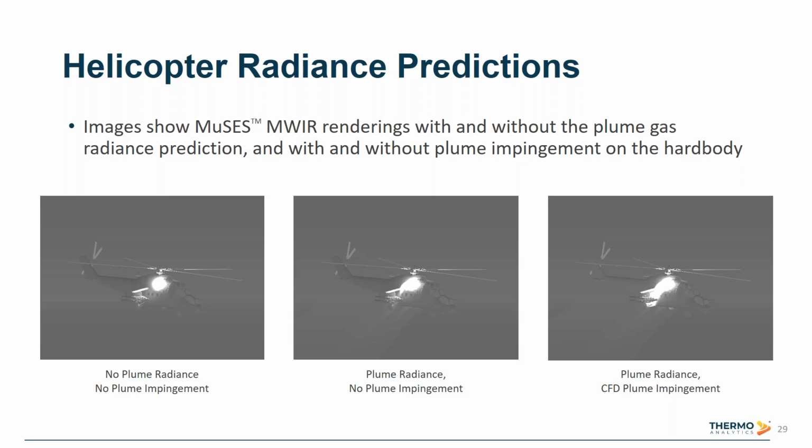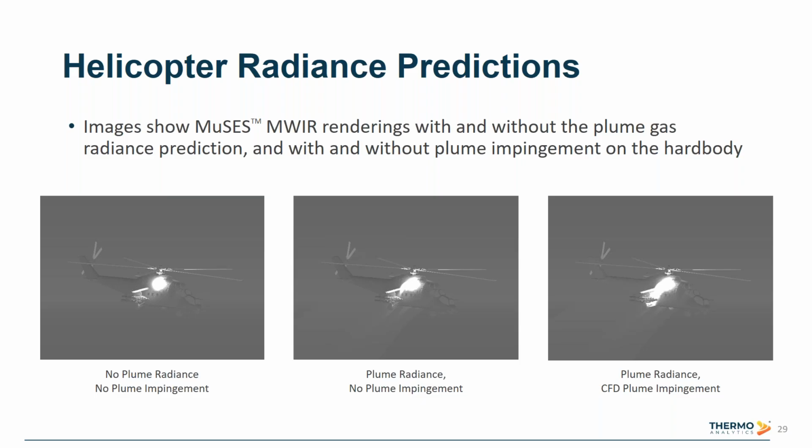The left image is just the target asset with no plume radiance or hardbody impingement. The middle image shows the inclusion of a CFD plume radiance in the rendering. The downwash caused by the helicopter can now be seen. And the right option includes both the CFD plume and its hardbody impingement on the target. The downwash can be seen along with the exhaust impingement on the target hardbody.